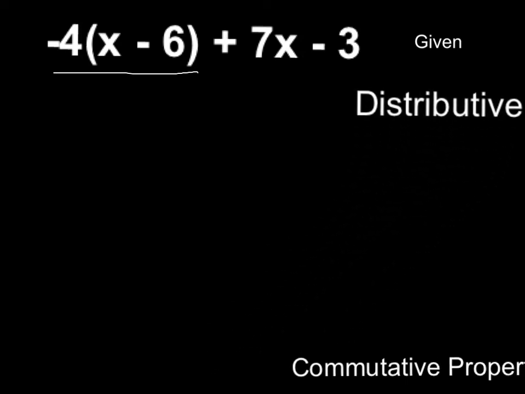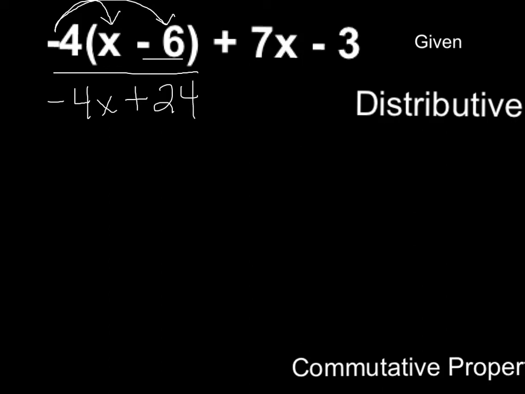Because we are multiplying -4 times x and -4 times -6. So, -4 times x is -4x. -4 times -6 gives you positive 24.